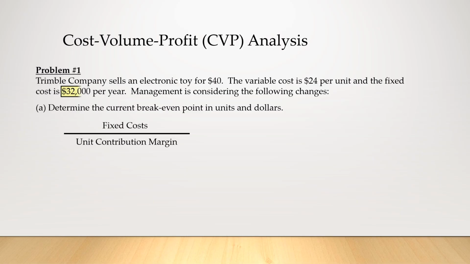Fixed costs are $32,000. The unit contribution margin is the difference between our unit sales price of $40 and the per unit variable cost of $24, or $16. This gives us a break-even point of 2,000 units.